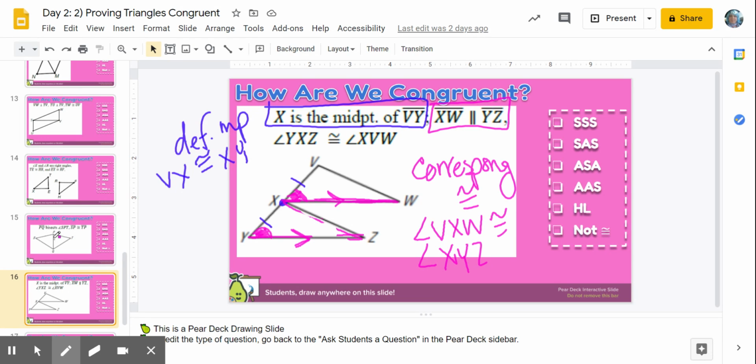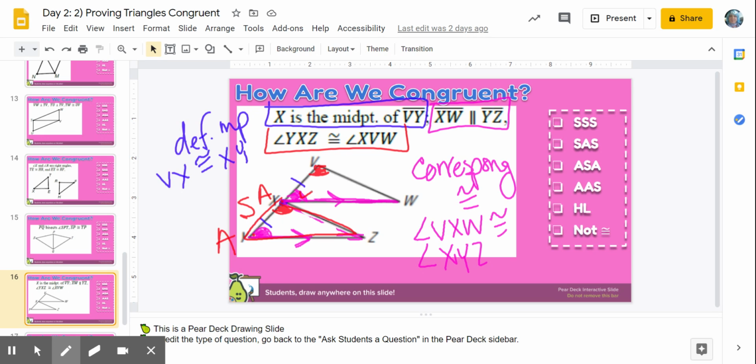And then we've got one more piece of information, I think. Let's go red. YXZ, this angle up here, is congruent to XVW, this angle up here. So if I look in one triangle, I'm just going to look in this triangle down here. I've got an angle and then a side and then another angle.